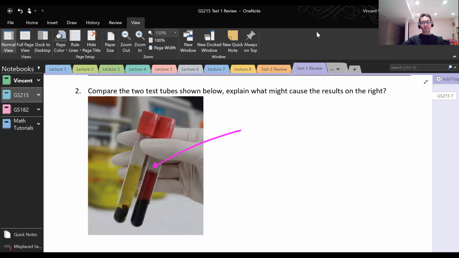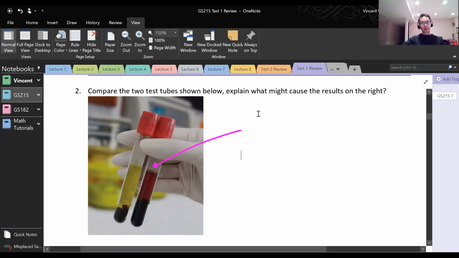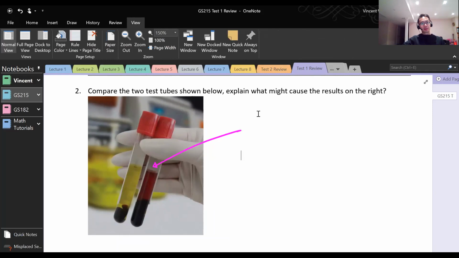What would you say? There is blood clotting. Could be agglutination. Okay.